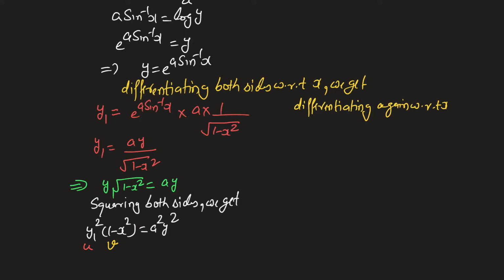What will we get? Differentiation of y1 square will be 2y1 y2, fine, and 1 minus x square as such.